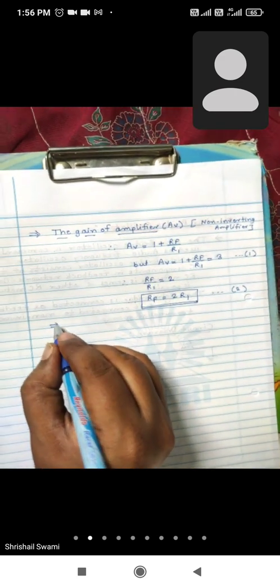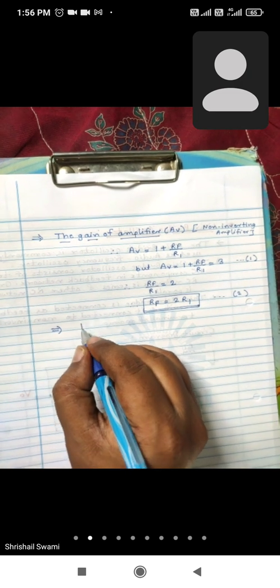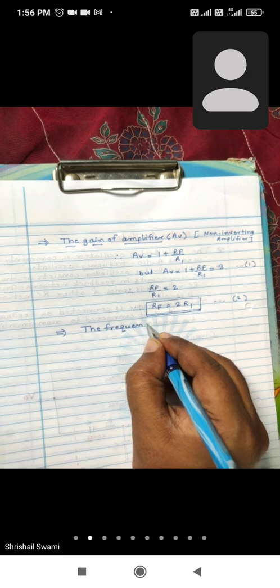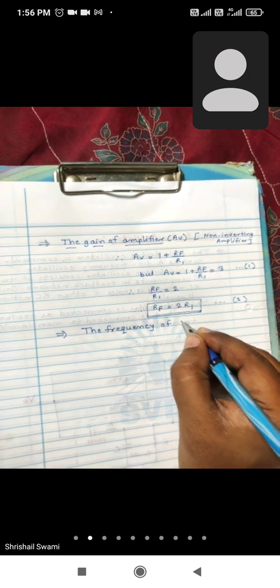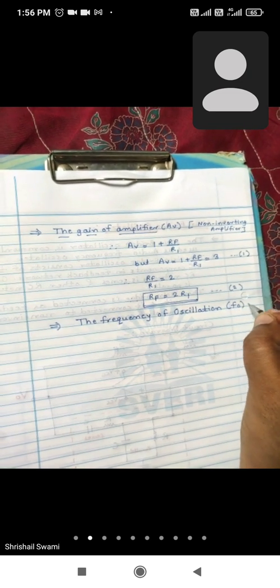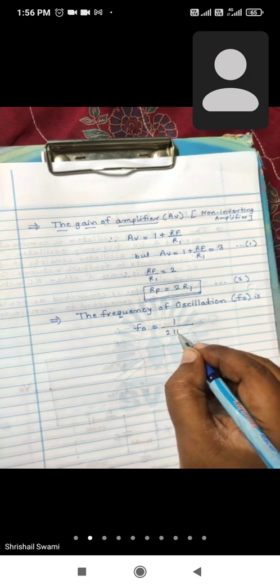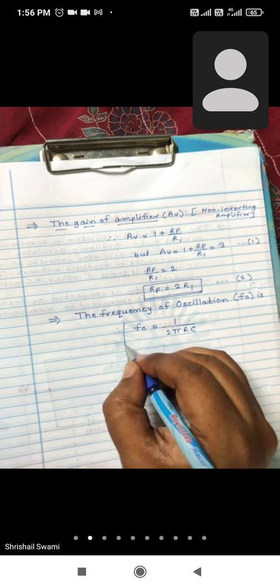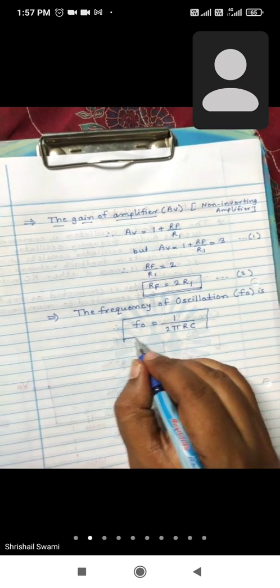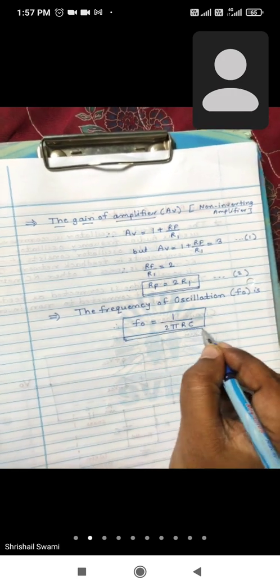Next thing, the frequency of oscillation, that is F0, is given by F0 is equal to 1 upon 2 pi R into C. So this is the formula for calculating the output frequency of oscillation.